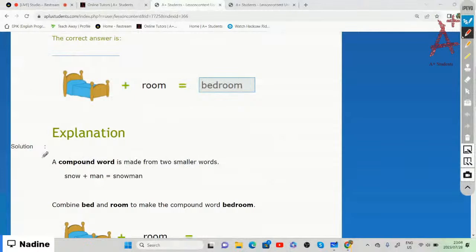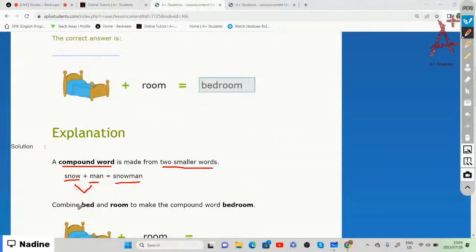So a compound word is made up of two small words. For example, snow plus man equals a snowman. So what you need to do is combine the two words, and then you make a compound word.